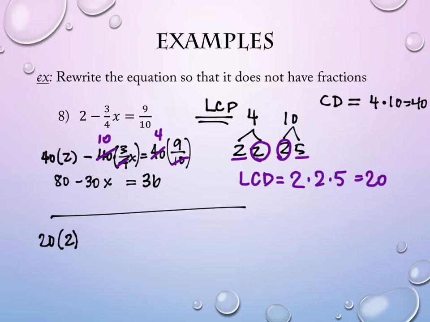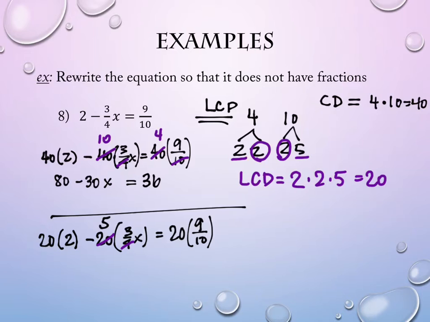So I have 20 times 2 minus 20 times 3/4 x equals 20 times 9 over 10. So you can see the 20 and the 4 will divide again. What's 20 divided by 4? It's 5. 20 divided by 4 is 5.